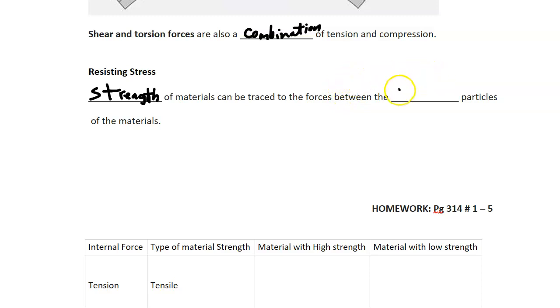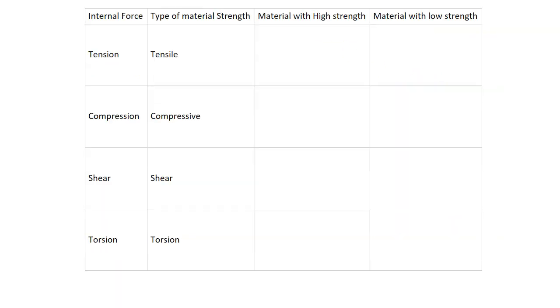And these can be traced down to the tiniest particles within the object. Thinking about that stress, we've got four internal forces, four types of material strength, and there are some objects that will have high strength and some that will have low strength in these things.